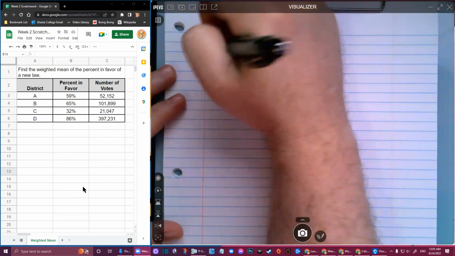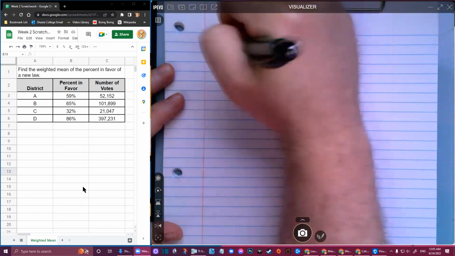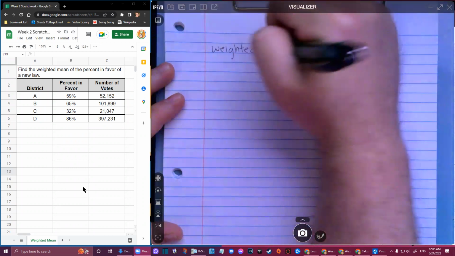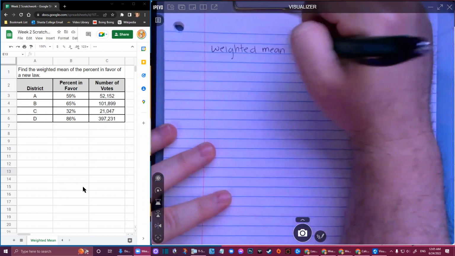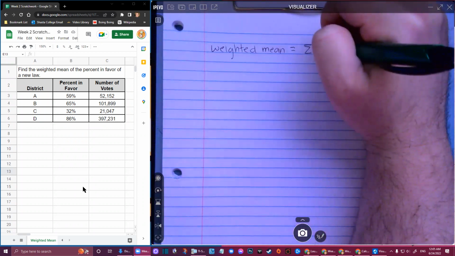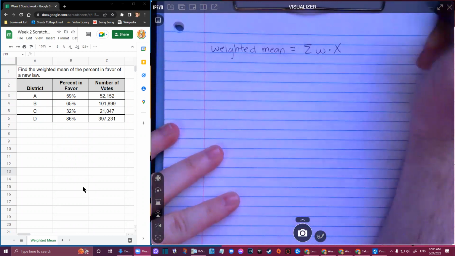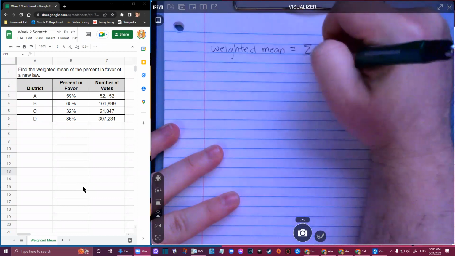To find the weighted mean, we learned in class that the formula for the weighted mean is the sum, we use that symbol sigma, of the weights times the data values divided by the sum of the weights.